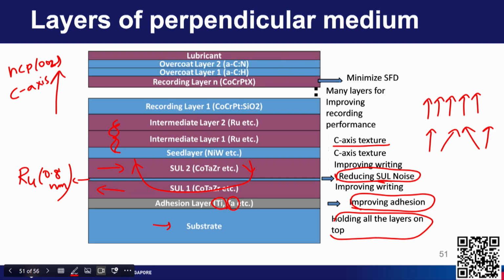To minimize that randomness and make more grains have the C axis in the perpendicular direction, people optimize all these layers. We already learned this one. So, we have many layers to improve the writing process.